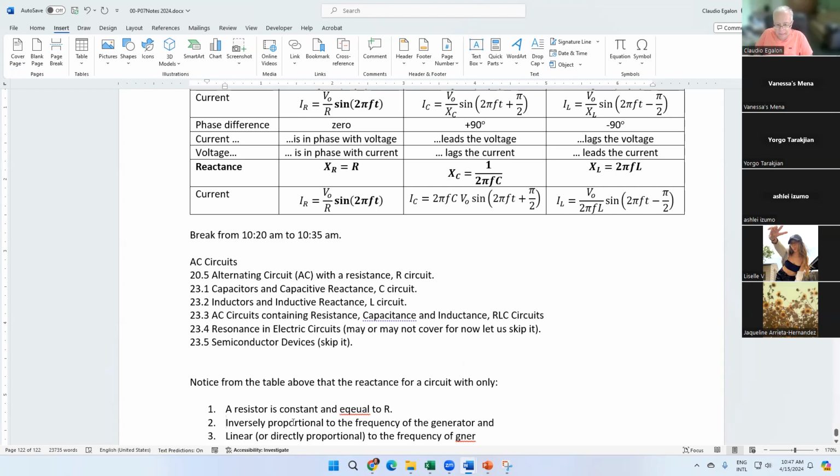With only a capacitor, it is inversely proportional to the frequency of the generator, and a circuit with only an inductor is linear to the frequency of the generator. It's very important, this relationship here. It will become clear. For now, I'm not going to explain why it's important. I will explain it when we come back to it.